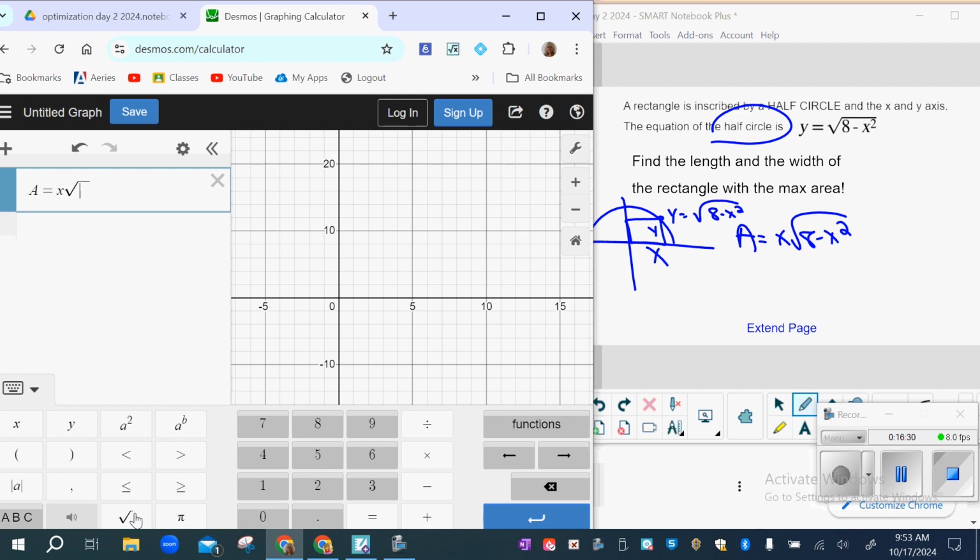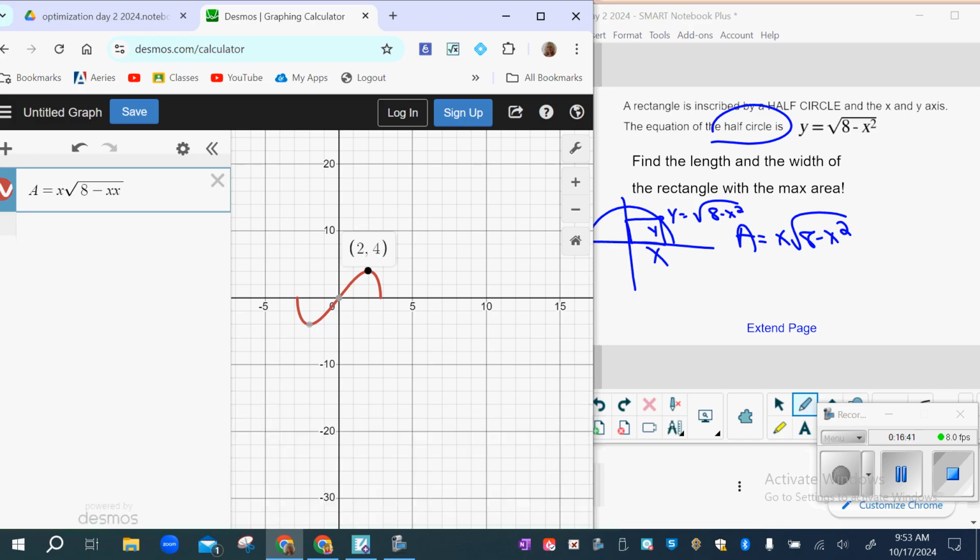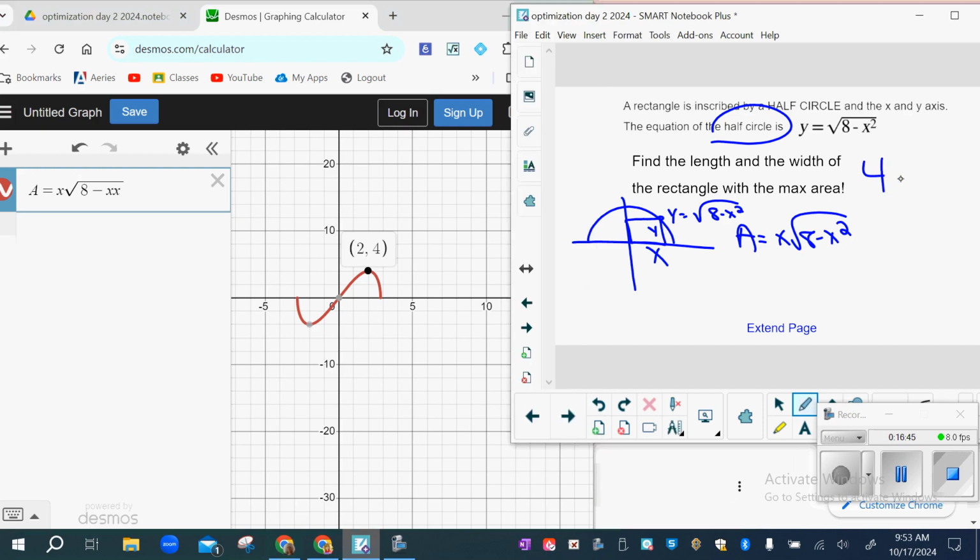So nice and careful when you do this. 8 minus xx. Oh, look how cute that is. I just love that. My max area is 4 units squared. And if you want to put the dimensions, it's 2 by 2. It's a cute little rectangle.